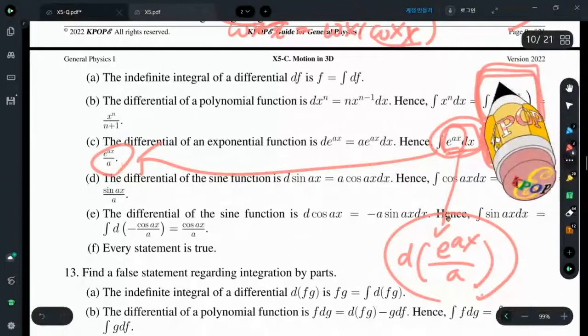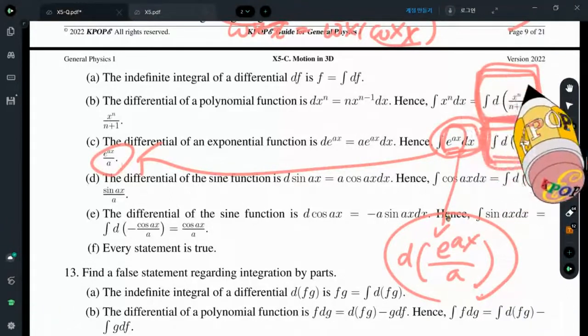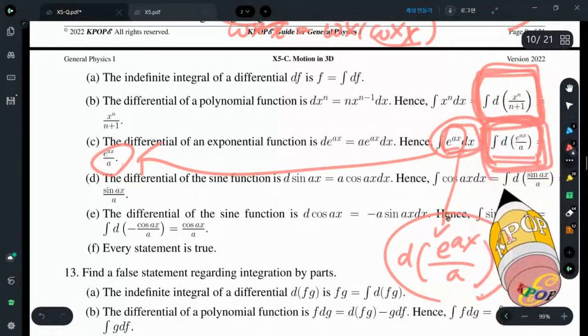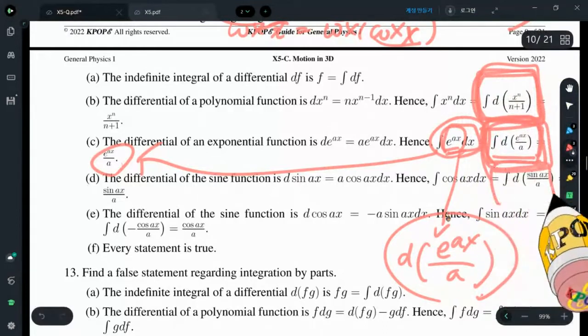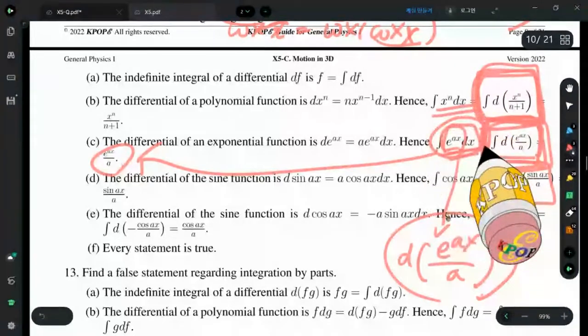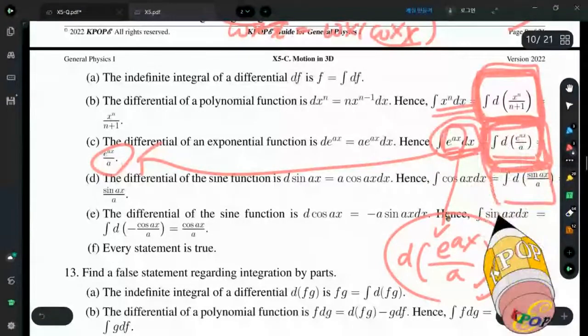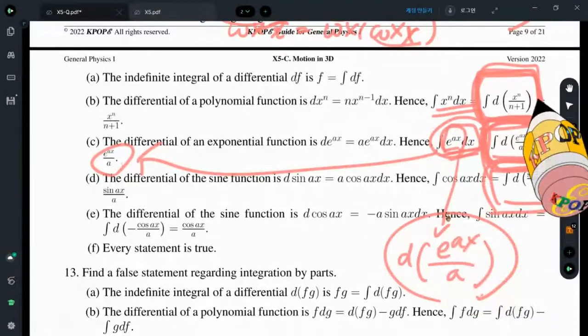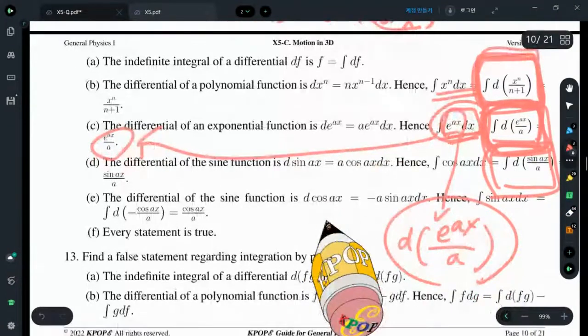But you have never been trained to find the total differential until now. From now on, when you evaluate an integral, please find the total differential first. Then everything is very simple.